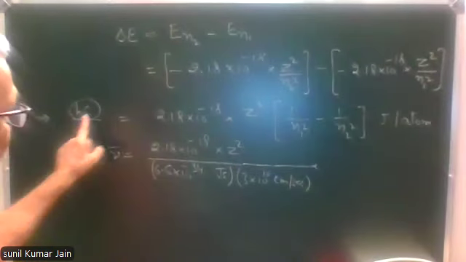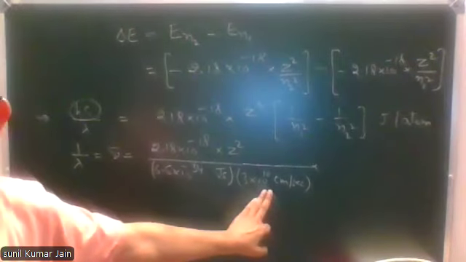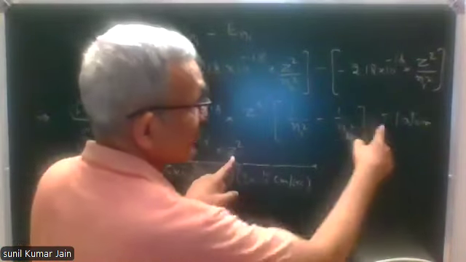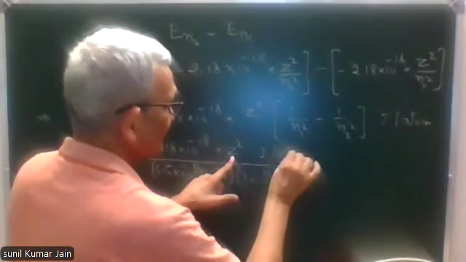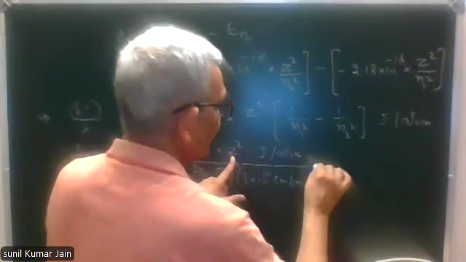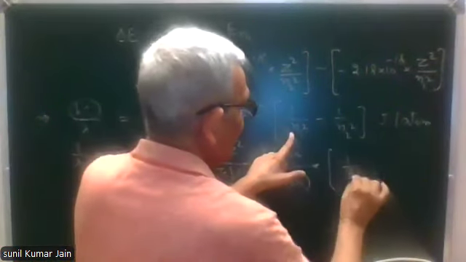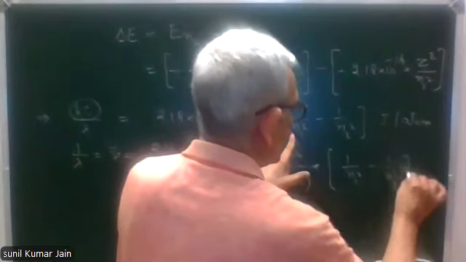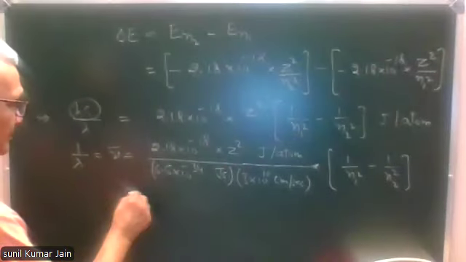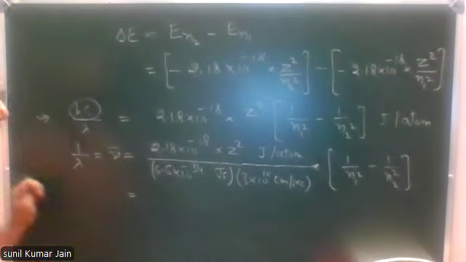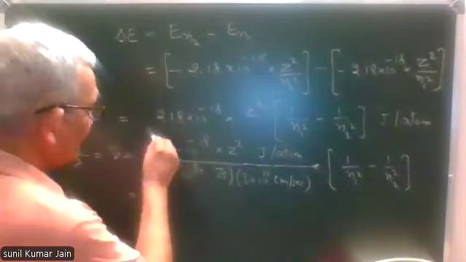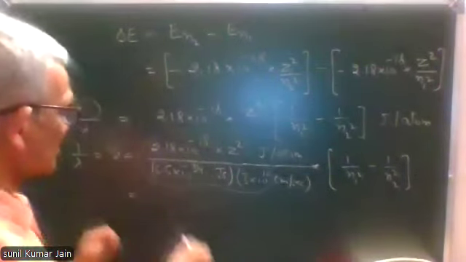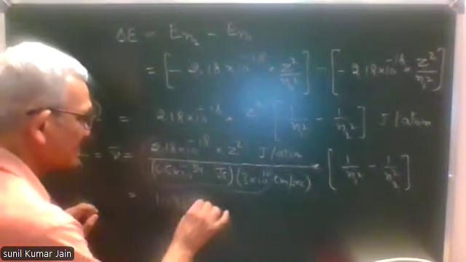This Z square, I've substituted the values of h and c. Now the remaining part: here units are joules per atom, multiplied by 1 by n1 square minus 1 by n2 square. Now, if you multiply and divide this part, this will come out to 109677.